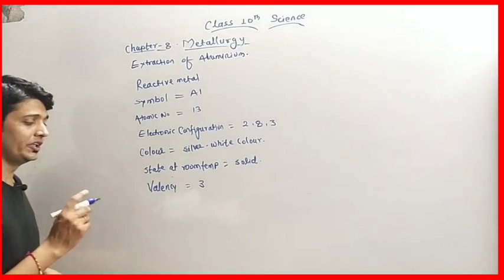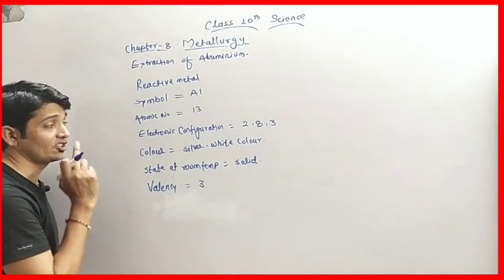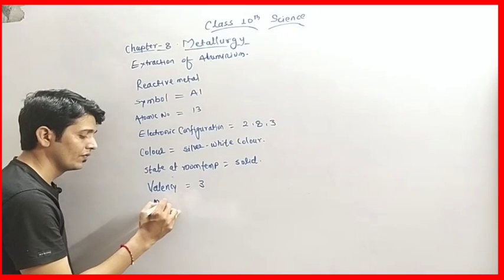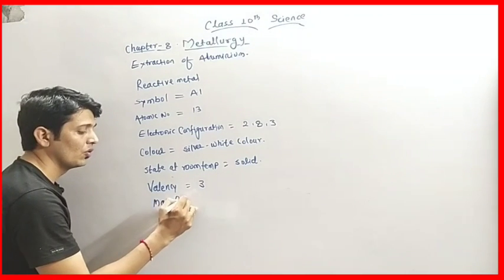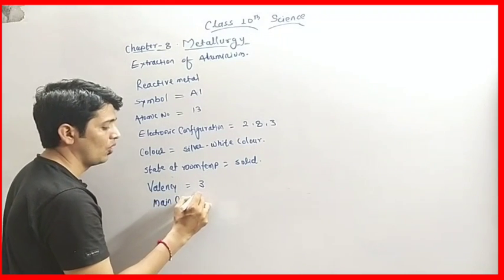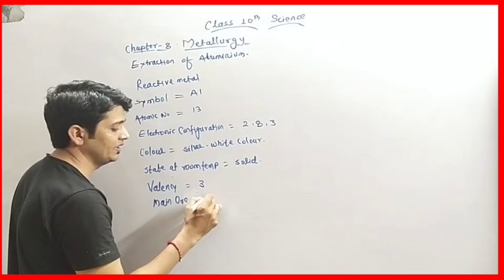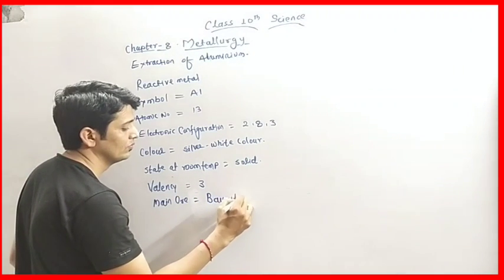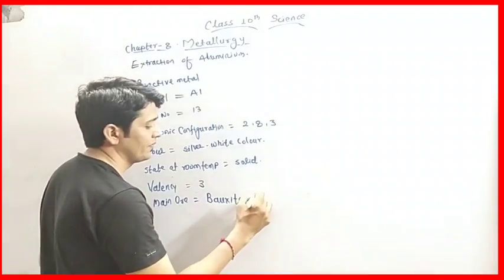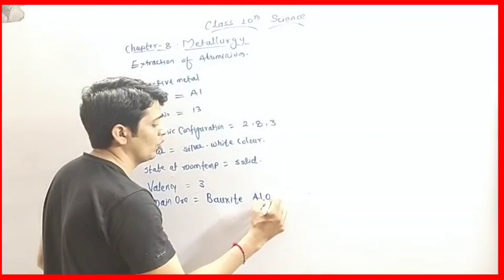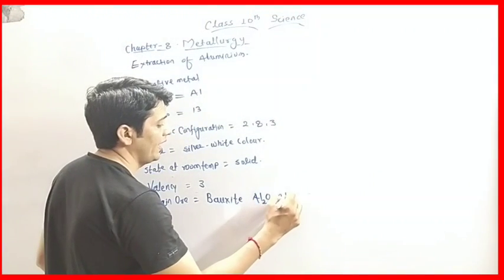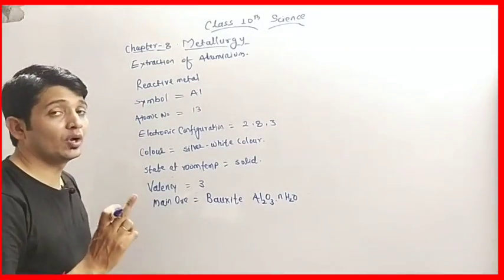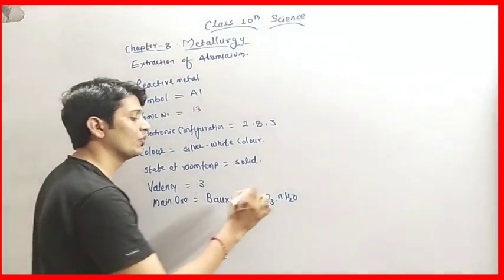One more thing. Its main ore for the extraction of aluminium is bauxite. Its formula is Al2O3.NH2O. N represents the number of molecules of, what is N?